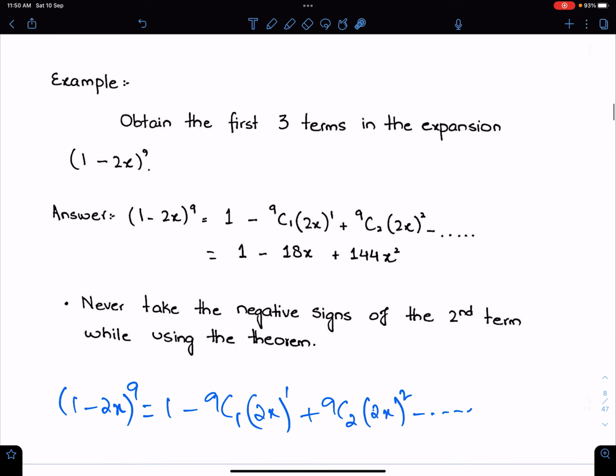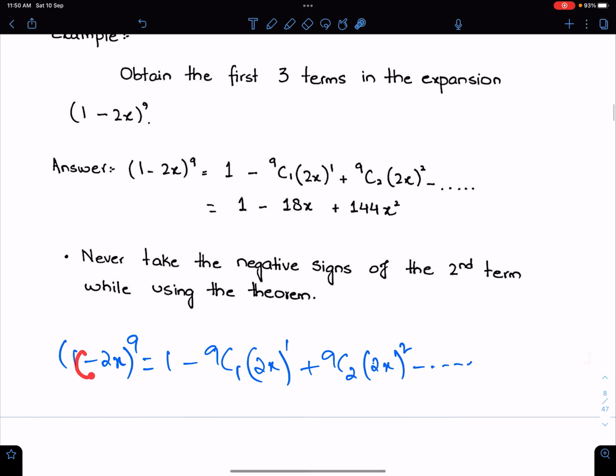I've mentioned this rule here. Never take the negative signs of the second term while using the theorem. See, we didn't consider this negative sign here. We just wrote positive 2x here. So always use second term positive. Never consider this sign here while using the theorem.